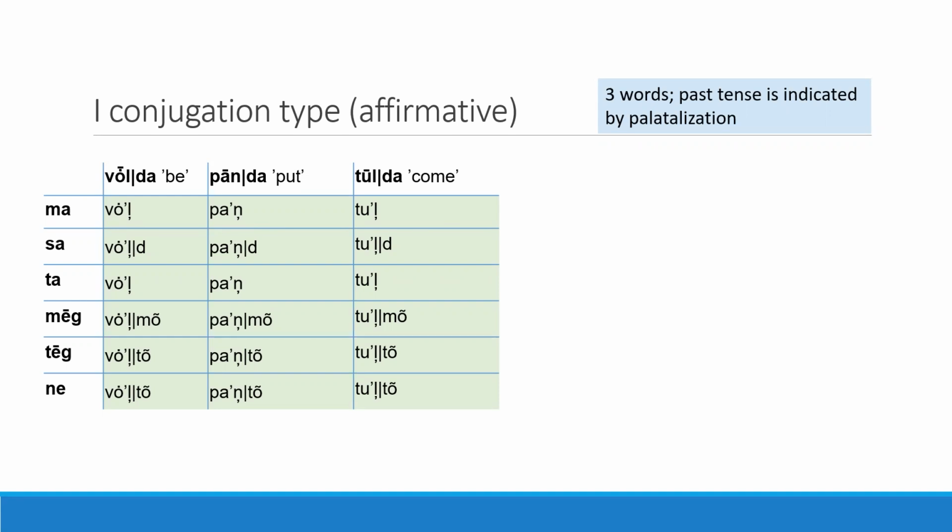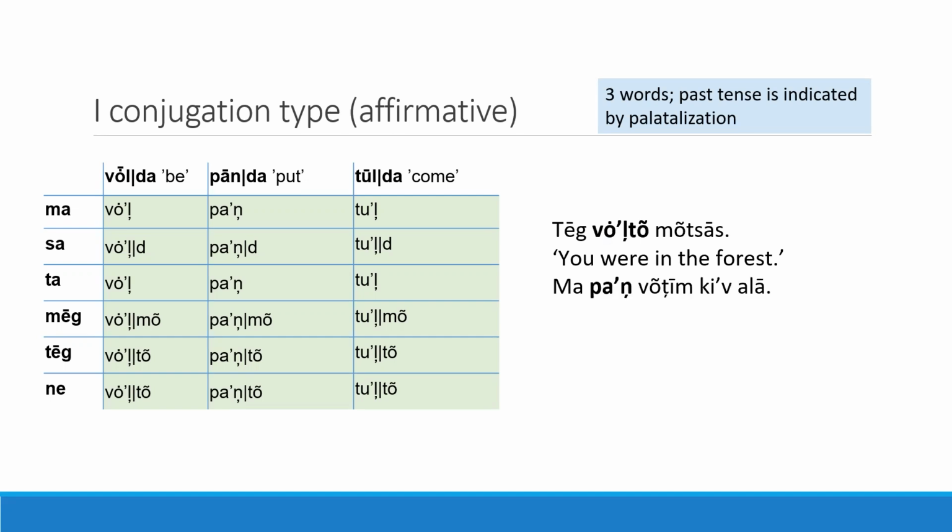And here I thought some examples. So teeg võlte mõtsas. It should be fine that you were in the forest. Then another example. Ma pann võtim kivala. I put the key under the stone. And then one other example.